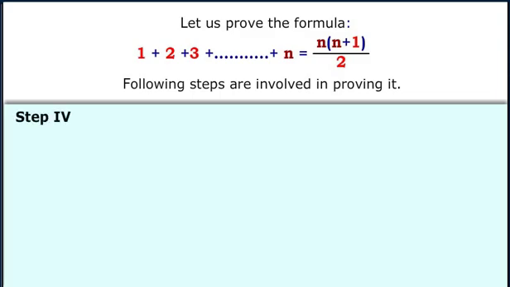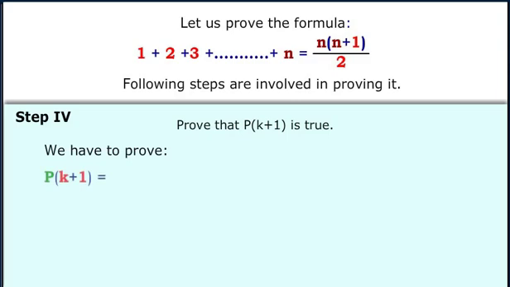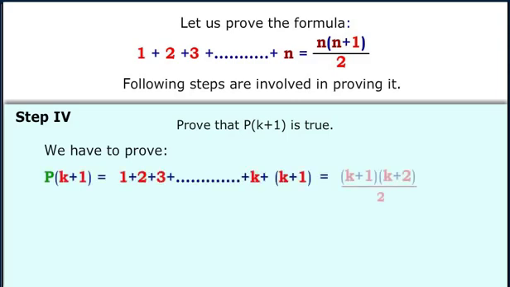Step 4. Prove that Pk plus 1 is true. We have to prove P(k plus 1) equals 1 plus 2 plus 3 plus up to k plus 1 equals k plus 1 into k plus 2 by 2 is true.